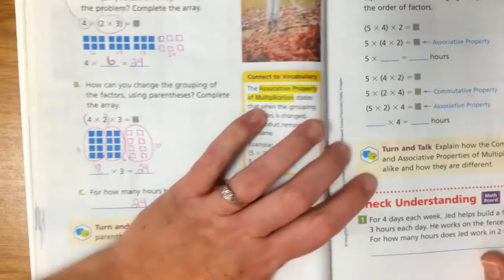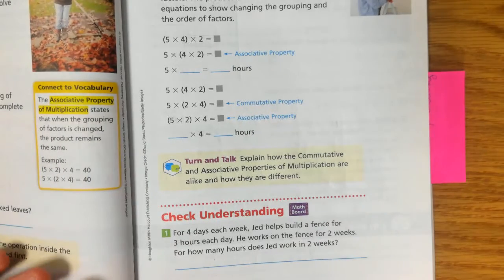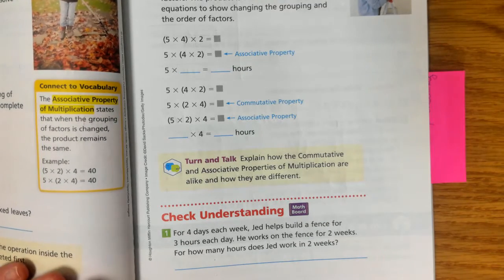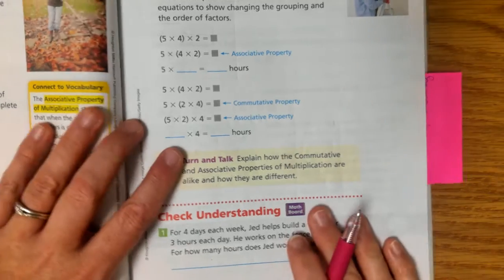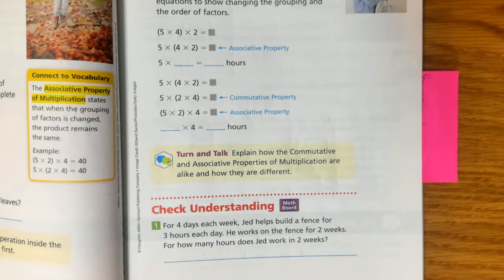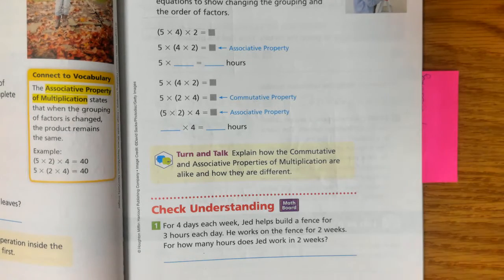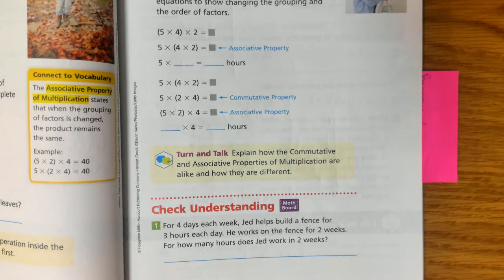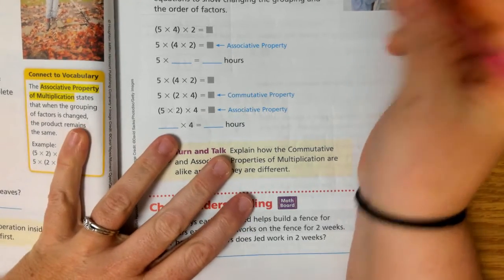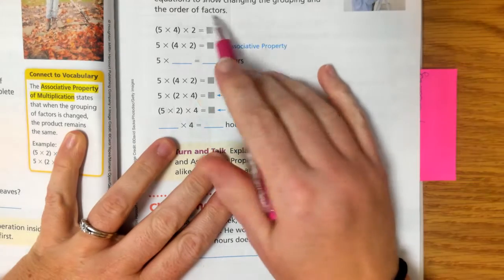Okay? So let's try this strategy with this next problem. For 5 days each week, Paola helps paint rooms for 4 hours each day. She helps paint rooms for 2 weeks. For how many hours does Paola help paint in 2 weeks? You can change the grouping or the order of factors.